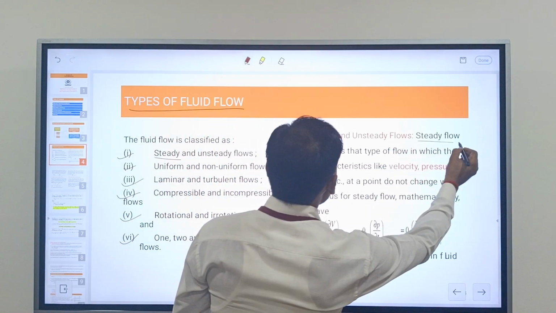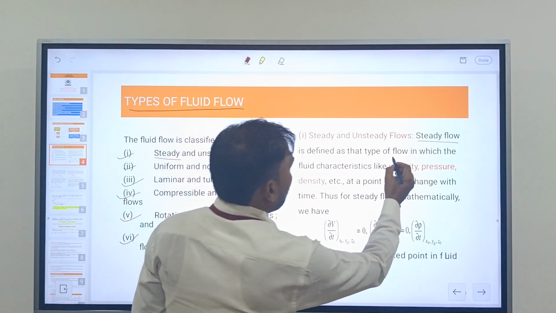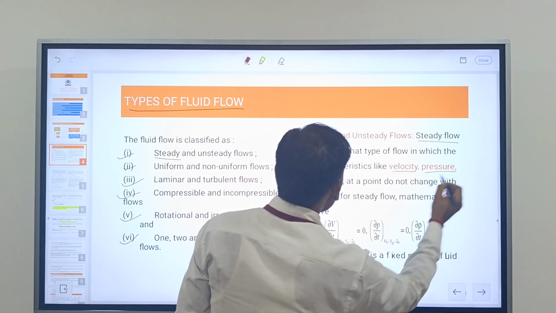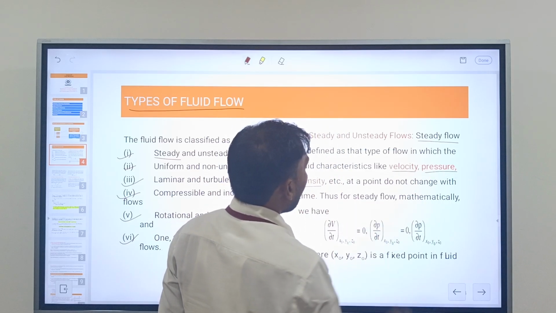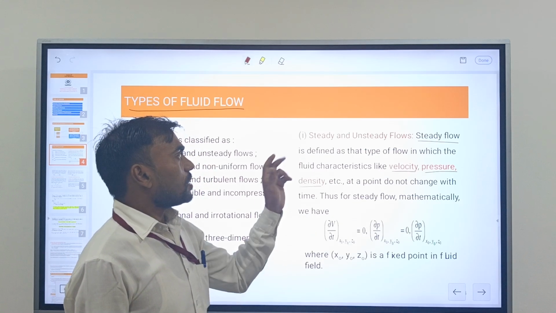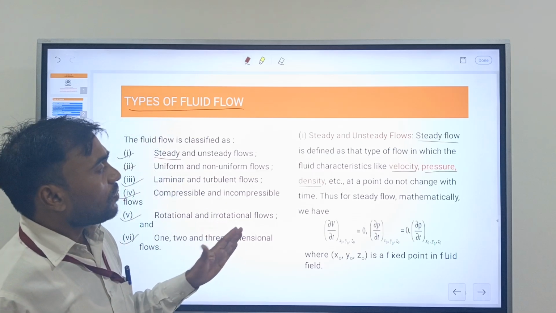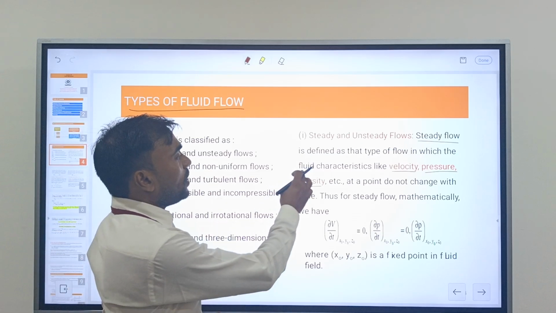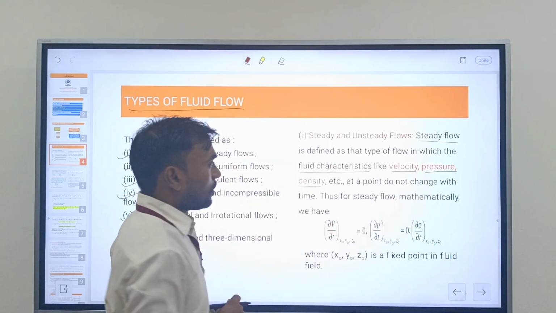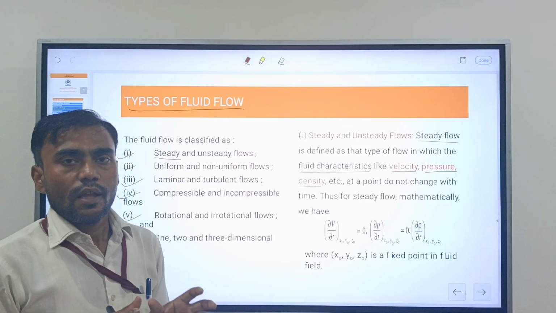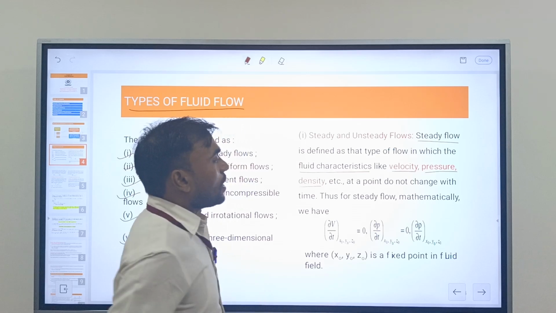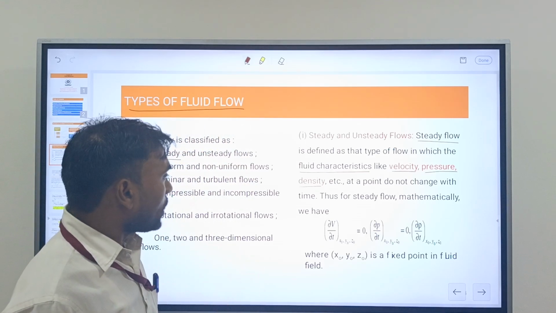In steady fluid flow, the fluid characteristics like velocity, pressure, density, etc. at a point do not change with time. These parameters, called the fluid characteristics, do not change at a point with respect to time.